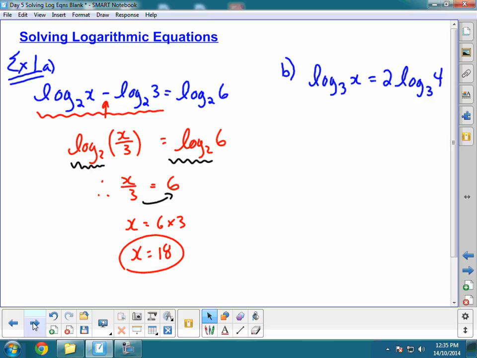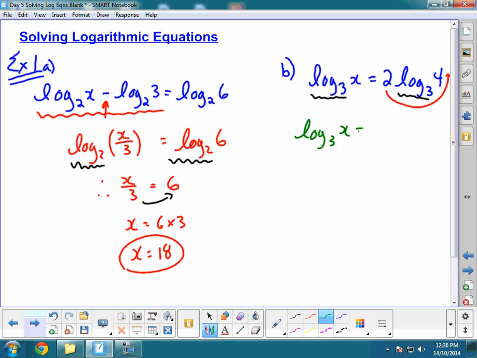Now, let's apply it for example B. Right now, it looks like we're pretty close to being already in common logs. This has a log base 3. This has a log base 3. The only catch is this 2. And I want log base 3 by itself. Well, I can use my rule, and I've done this a couple of times. I did it in the warm-up as well. I'll bring that 2 up there. So this can change to log x base 3.